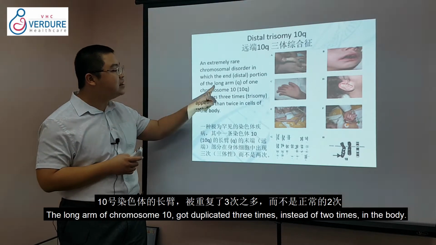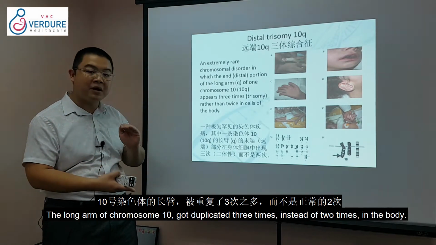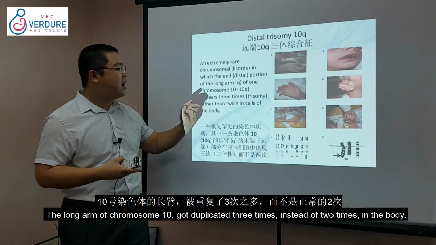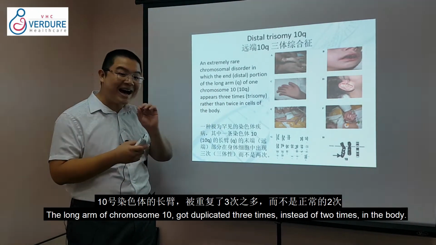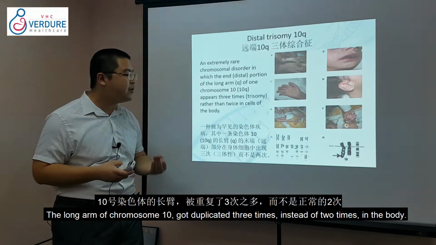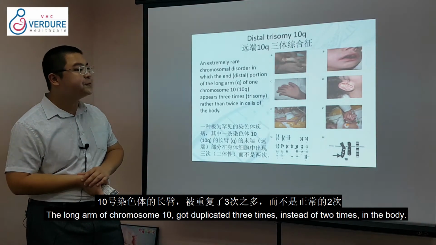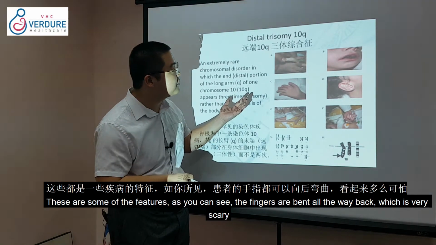The long arm, remember, is the bigger part or the bottom part of chromosome 10, and some parts of it got duplicated 3 times instead of 2 in the body. So these are some of the features.